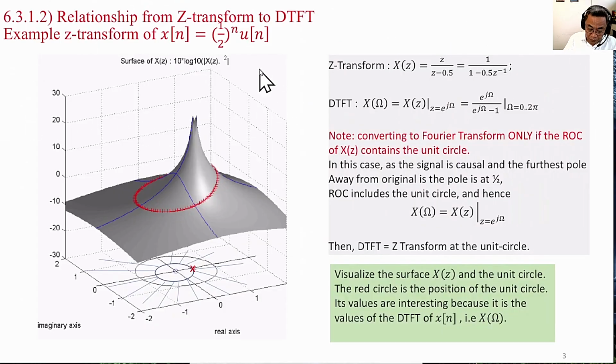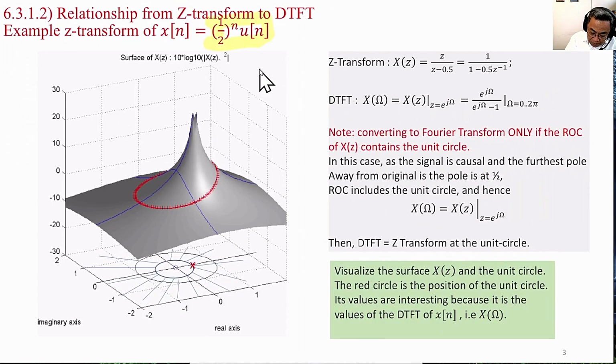Let's refresh on one of the examples we have used in the past, where x[n] is an infinite geometric sequence, that is half to the power of n times u[n], and basically it is like this. At time 0 it is 1, at time 1 it is half, at time 2 it is half to the power of 2, and so on and so forth, and goes to infinity.